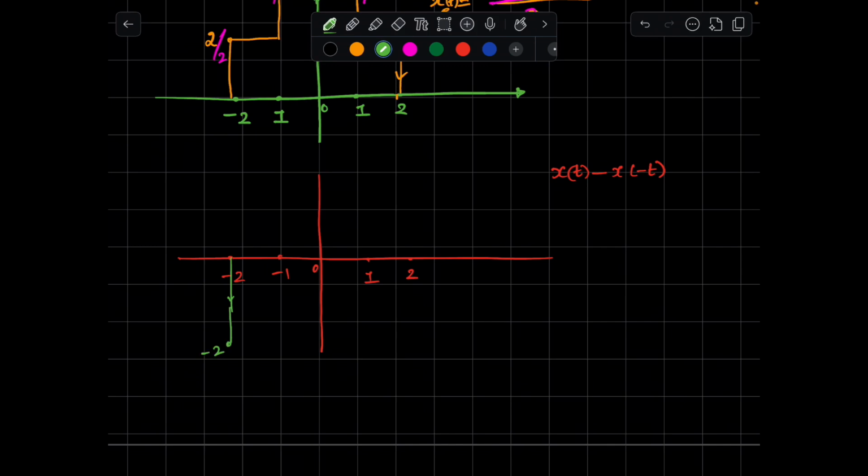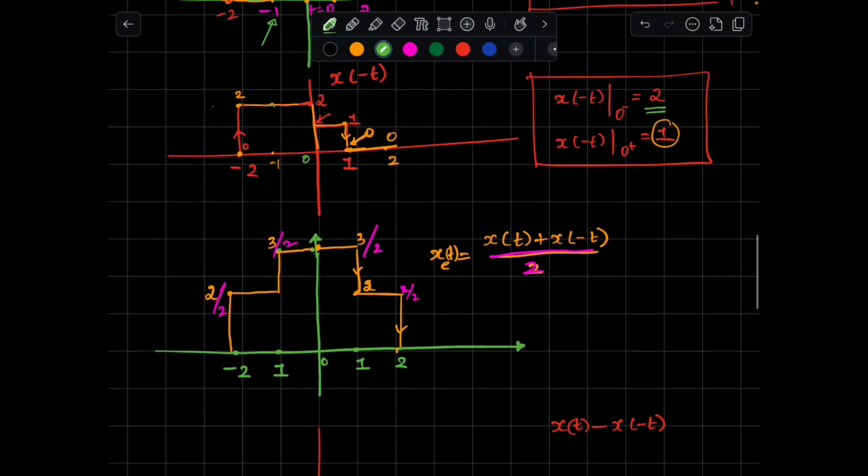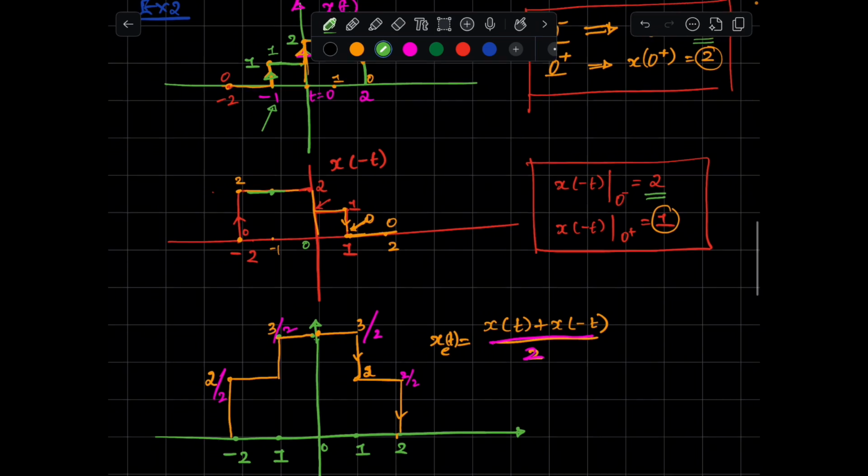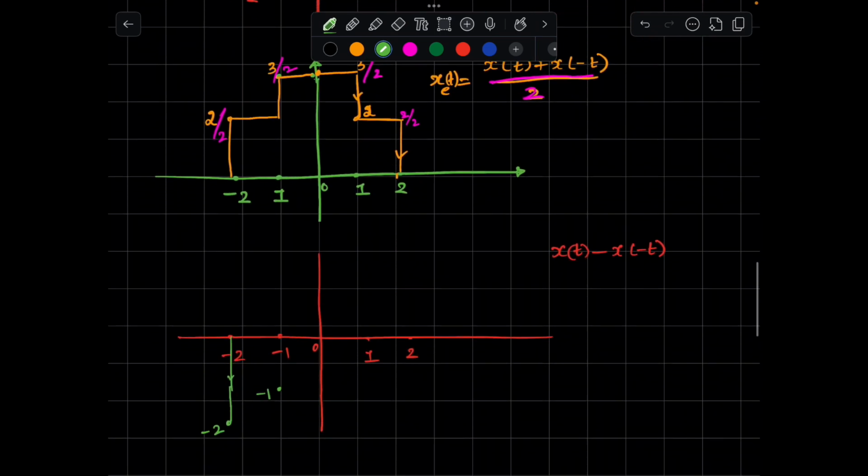This becomes minus 2 and this becomes minus 1. But how did it change? Actually, there is a sudden change going up, and here there is a constant. So this also should go like this, right? Sudden change going up. So this is the situation.